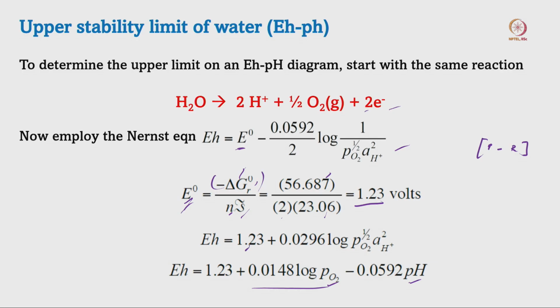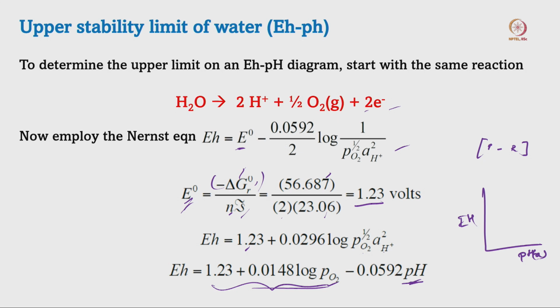We did that, and then we break this down such that we have our pH as one term, because we are plotting EH and pH. So, this is my x term, and this entirely is my intercept.